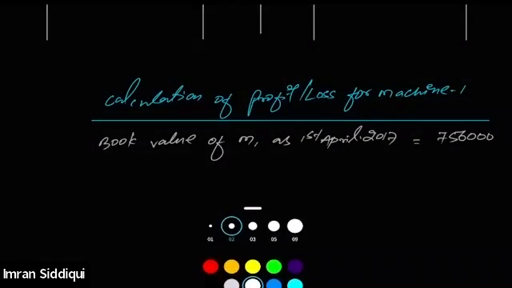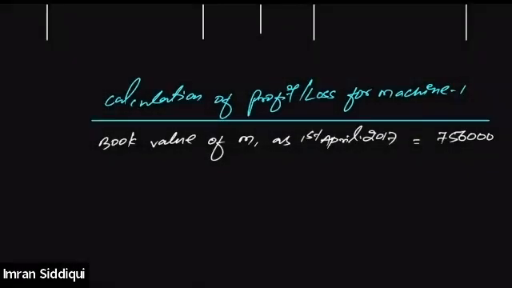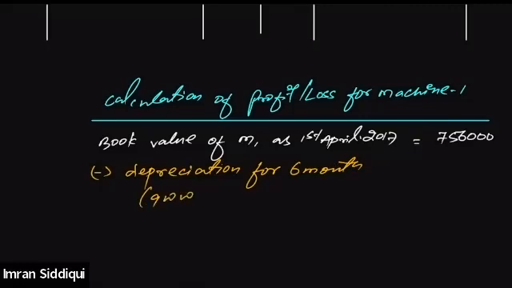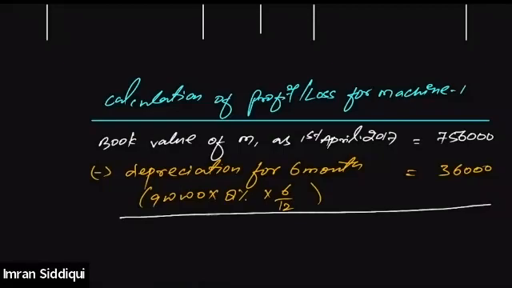Then we need to subtract depreciation out of it. Depreciation for 6-month period. We calculated depreciation for 6-month period: 9 lakh into 8% per annum into 6 by 12. That will be 36,000. Is that right? And after subtracting it, whatever the value that we will get, that is called written down value.